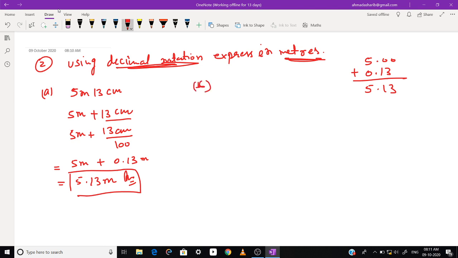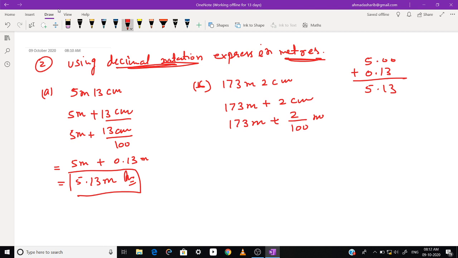Let us do part C of this question: 173 meter 2 centimeter. Again you have to write 173 meter plus 2 centimeter, then 173 meter plus 2 upon 100 meter.